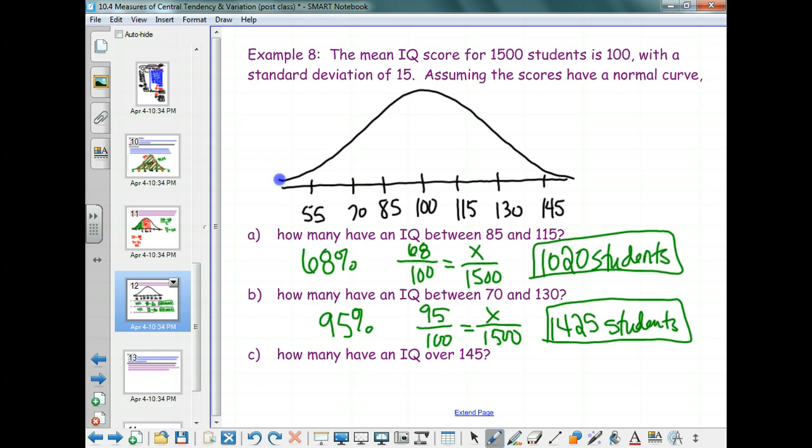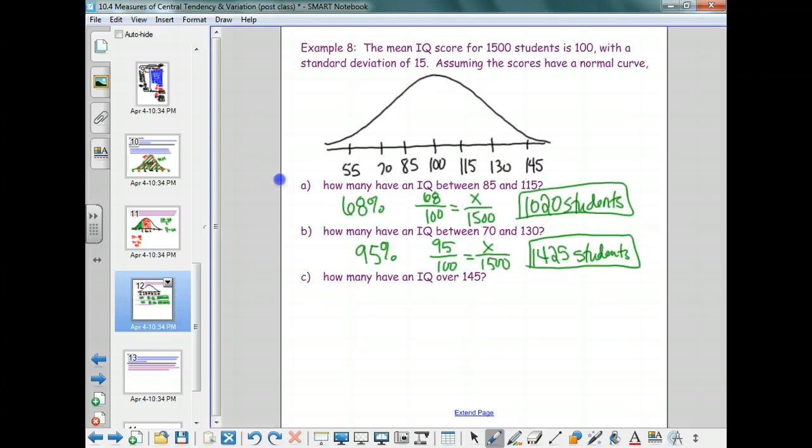For 1,425 students. How about an IQ over 145? So there's two ways to do it, right? Megan, what do you have? Is it 98.8? 99.8?